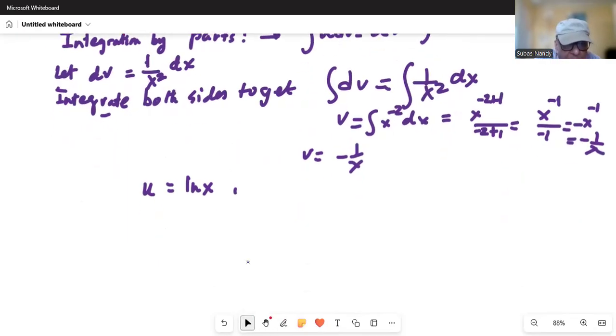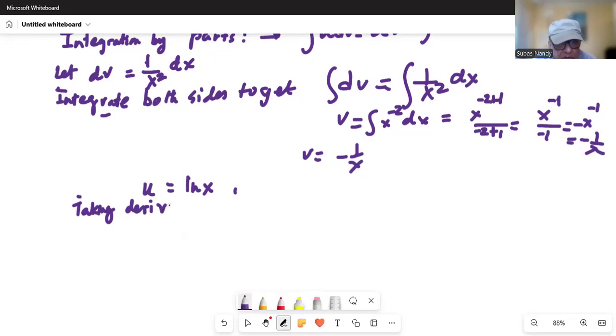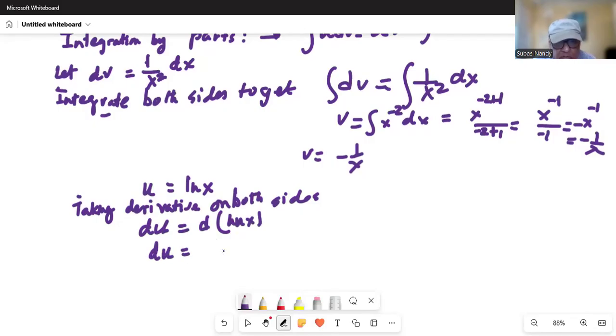Taking derivative on both sides, du is equal to the derivative of ln of x, which is 1 over x dx.